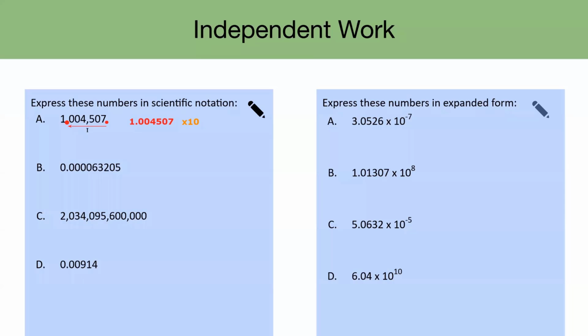Since we've moved that decimal place 6 times, we are going to have a positive 6 as our exponent. We would write all of this as the scientific notation 1.004507 times 10 to the positive 6th power.